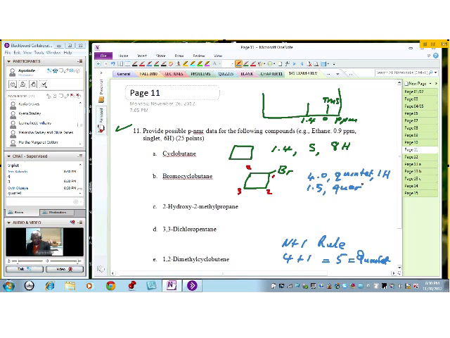So I would say that's a quartet. If you say quartet, I will let you go on that. But it is a little bit more complex than that. But at your level, quartet is fine. Okay? And then that would be how many hydrogens? How many hydrogens? 4, exactly. 4 hydrogens.